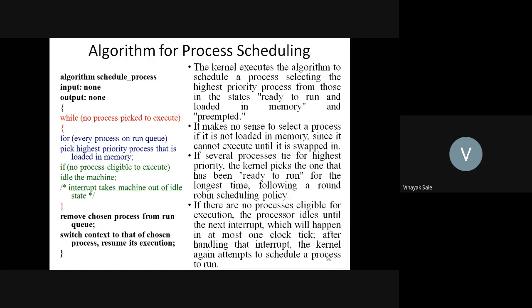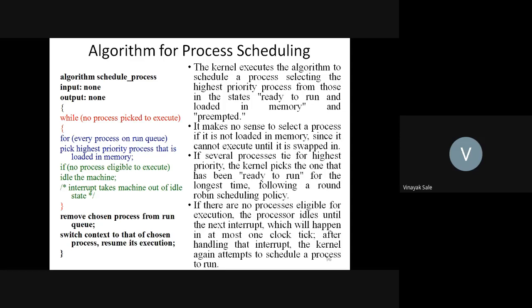It makes no sense to select a process if it is not loaded in memory, since it cannot execute until it is swapped in. If several processes tie for highest priority, the kernel picks the one that has been ready to run for the longest time.